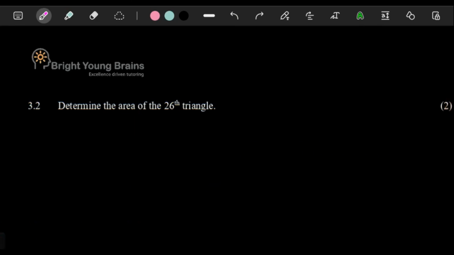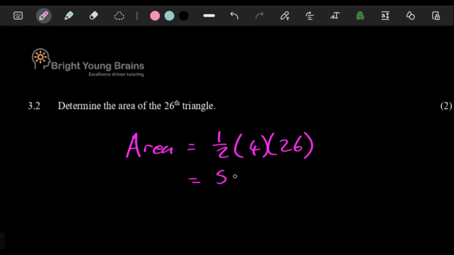So already what you know is the area of this triangle without even needing a formula is just going to be a half. The base we know it's a 4. The perpendicular height is going to be 26. So let's put all this into the calculator. A half times 4 times 26. This is giving us 52. This is 52 units squared.